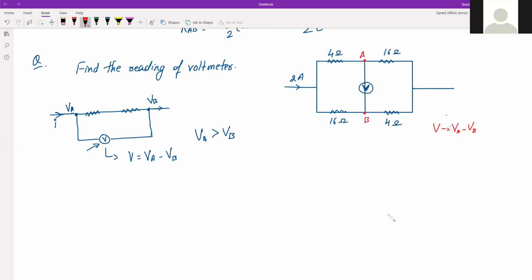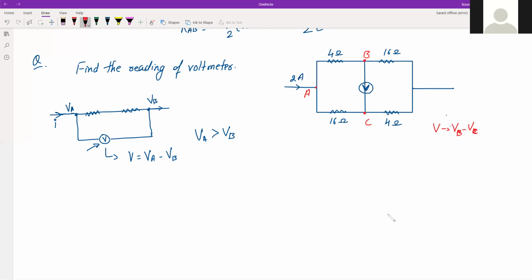Let us take in some sequence. Let these points be A, B, and C. So this will give us the difference between VB and VC, right?